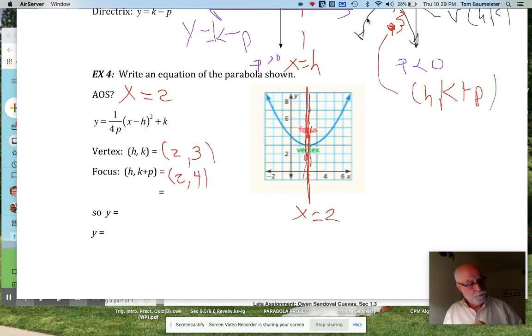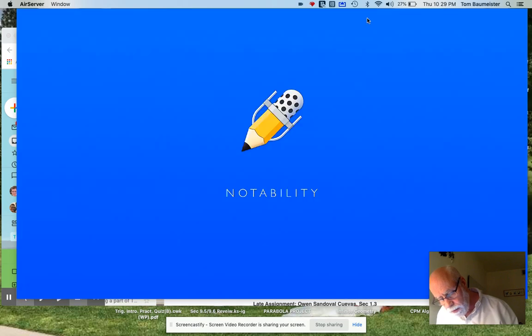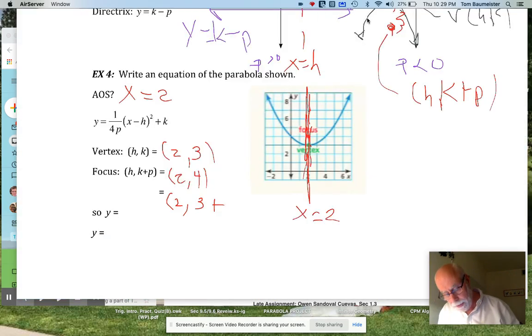All right. So if we look at it, our 2, and then we have our k plus p. Well, our k was 3, right? So 3 plus what? Sorry, I keep doing that. Again, I have to get used to this. Hopefully it's the only time I have to do it. So k plus what is equal to 4?